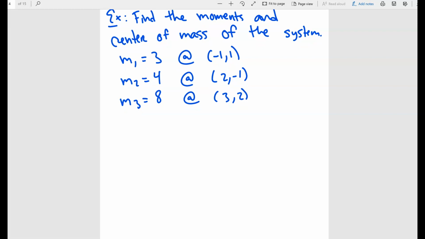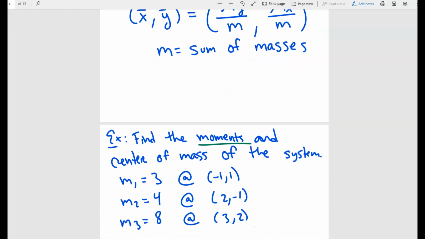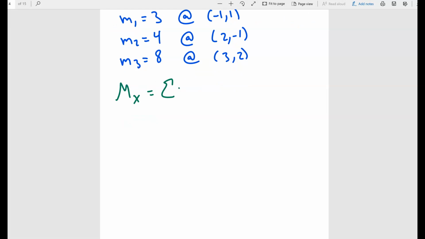So the first thing that we want to figure out is find the moments. So let's find the moment about the x-axis, which is going to be M sub x. Okay, so for M sub x, all we're going to do is take the masses and multiply them by the y components.